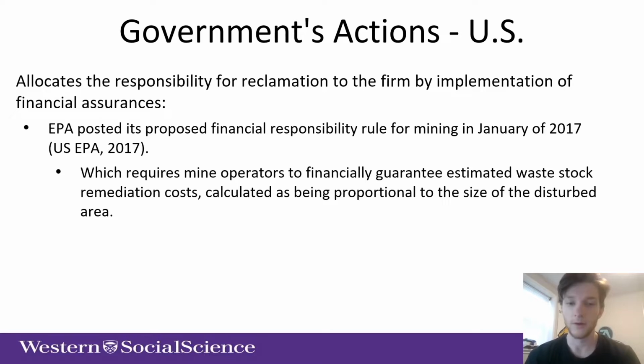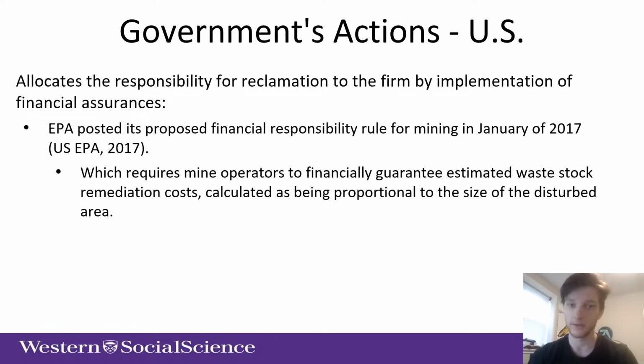Each developed economy has its own national committee whose responsibility it is to come up with financial regulations for resource extracting firms, often mining companies, and the various environmental fallbacks that come with these firms.